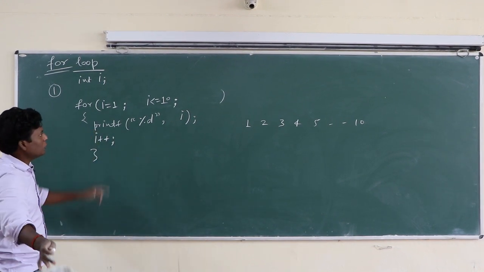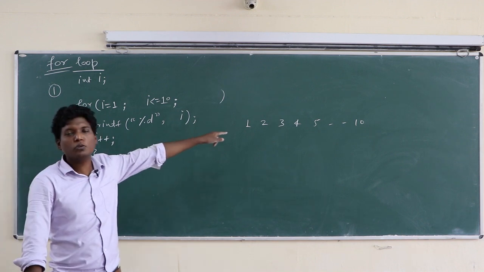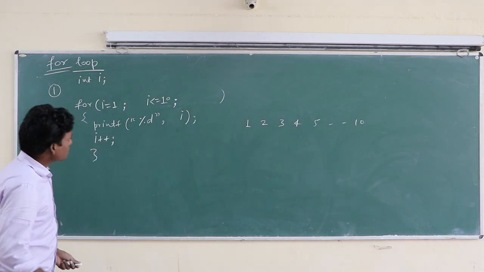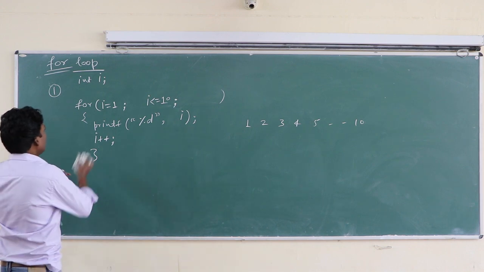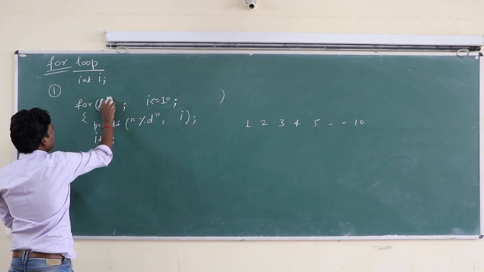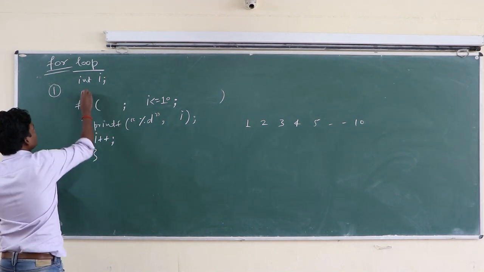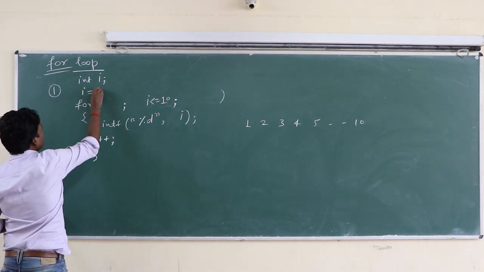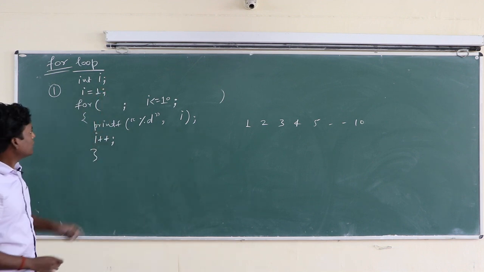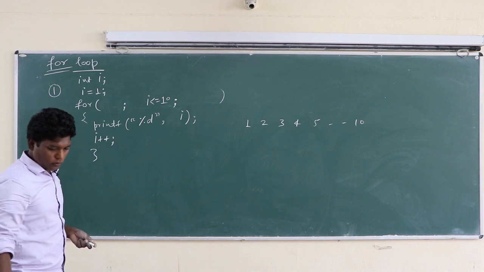Okay, this is also true. Here the result also will be 1, 2, 3, 4, 5, 6. And now the third change is you can remove I equal to 1 and write it before the for loop. So you write here I equal to 1. It also will work. Class, it also will work.